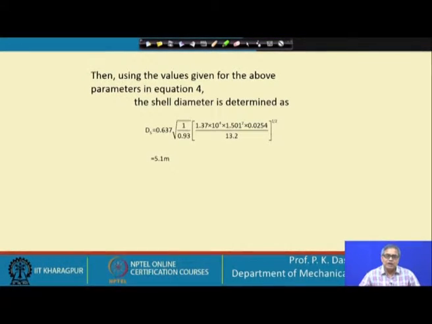Sometimes during the mechanical design itself, the geometrical parameters are changed, but as I have told, in this course we are focusing only on thermohydraulic design and design analysis. So, we will be satisfied with this shell diameter. We know how to arrive at the shell diameter, but in many cases it has to be checked and rechecked, and sometimes it needs to be modified.